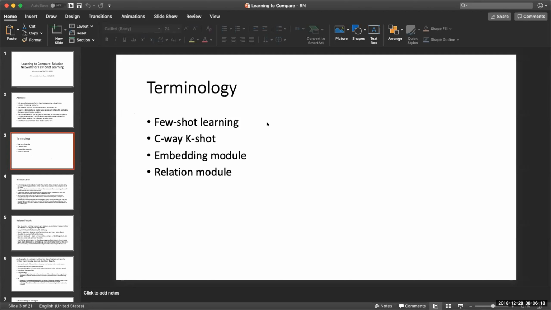An embedding module and a relation module. Modules can be thought of as just a function. In practice, in this paper, they are a network composed of processing nodes.